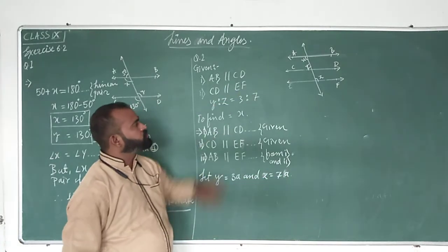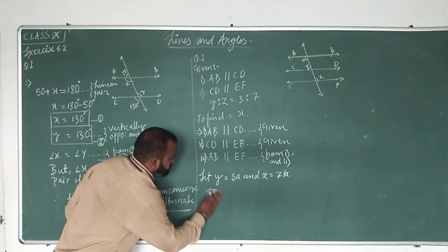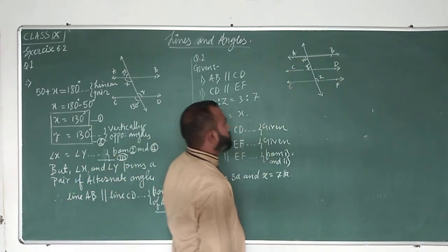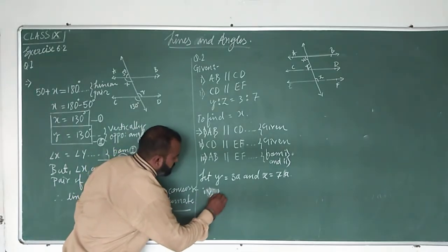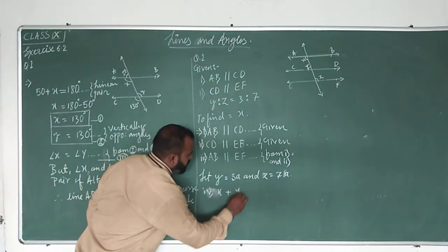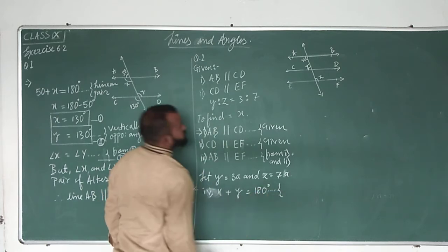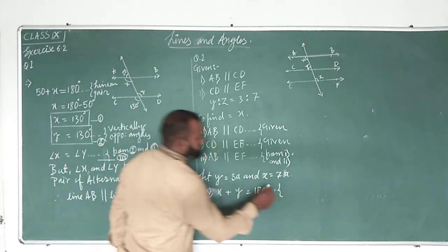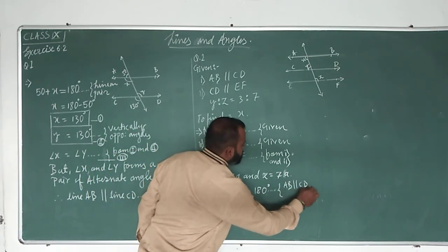Now we know AB, we can write angle x plus angle y is how much? 180 degree. Number 4, angle x plus y is equal to 180 degree. Reason is equation number 1, AB parallel to CD.